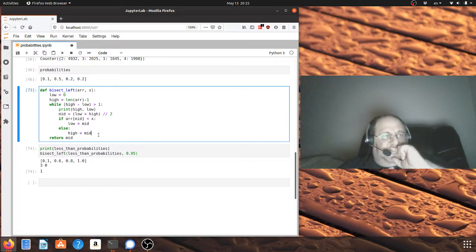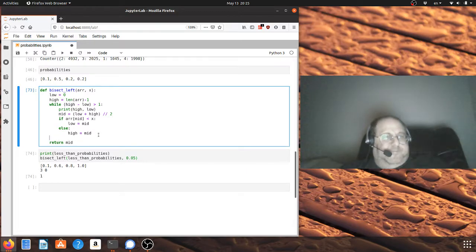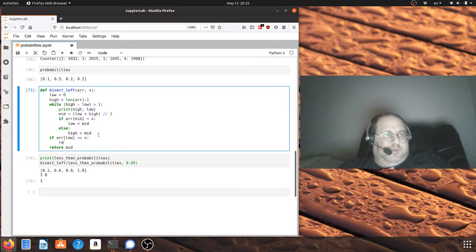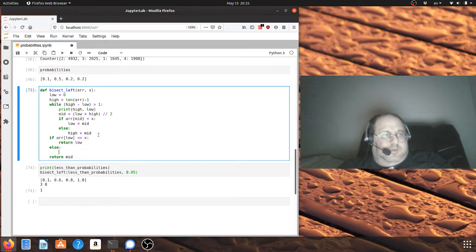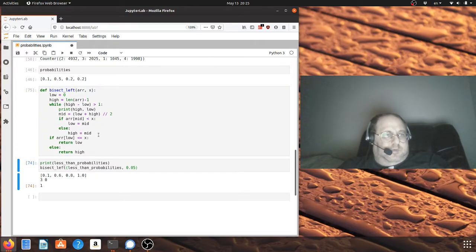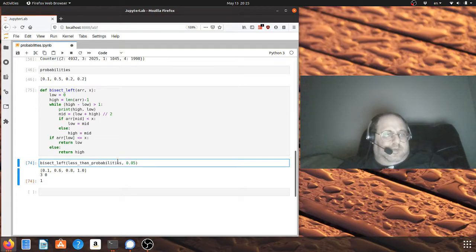So if we reach that point, low and high are the only candidates, so we have to get one of them.